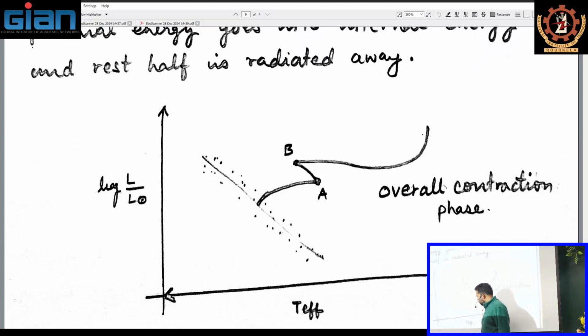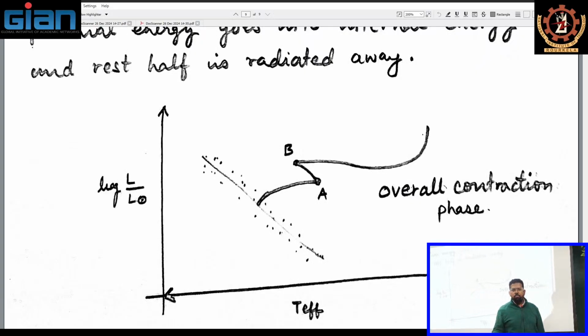On the x-axis you have the surface temperature of the star, and on the y-axis you have the luminosity of the star. By convention, surface temperature increases in the negative x direction, in this direction. So whenever you see the HR diagram, the surface temperature of the star is increasing in that direction.